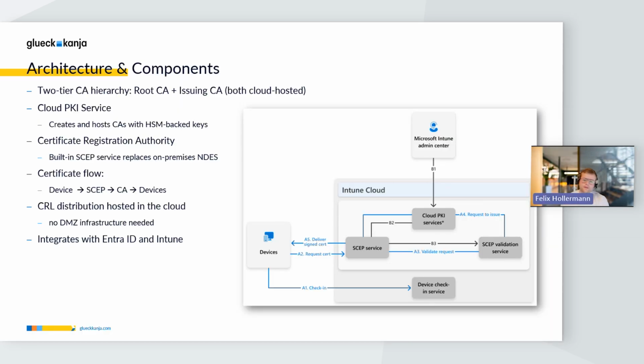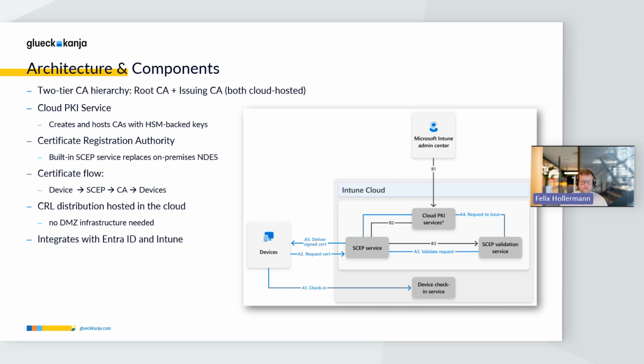Yeah, we go on. The foundation is a two-tier CA hierarchy, a root CA and an issuing CA, both hosted in the cloud. The keys for both CAs are protected by hardware security modules. So we're talking about the same level of security you would expect from a well-run on-premises PKI. For certificate distribution, the service includes a built-in certificate registration authority with an integrated SCEP endpoint.